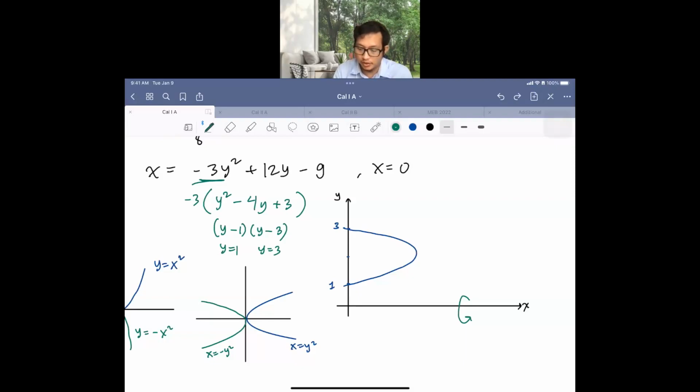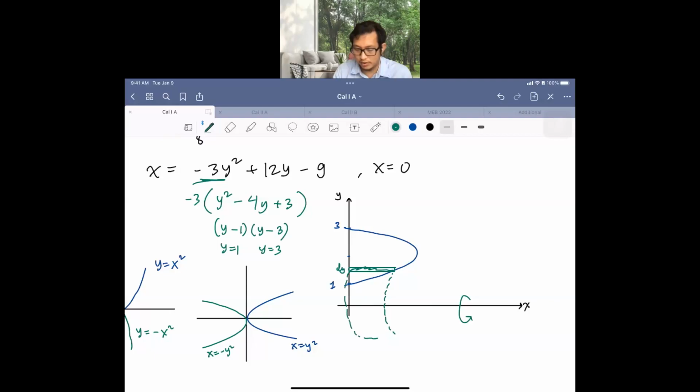So we are going to take dy as our rectangle there, and then we rotate, and we make our cylinder like that.